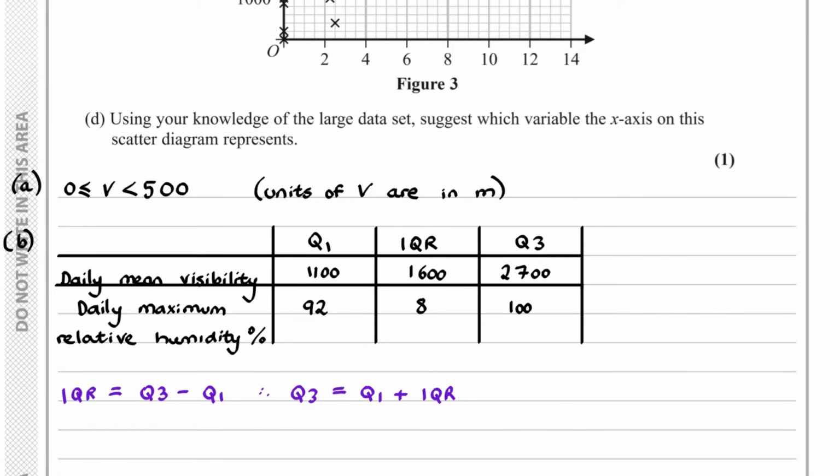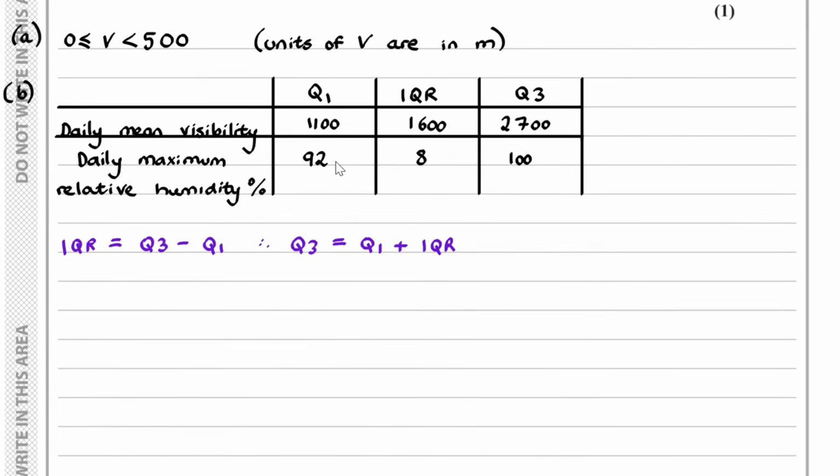So we can now use his definition to find out a range of values for which we do not have any outliers. So he said that we have an outlier when we have a value that is more than 1.5 times the interquartile range above Q3, or more than 1.5 times the interquartile range below Q1. So with this, let's find out a range of values which are acceptable, for which we have no outliers.